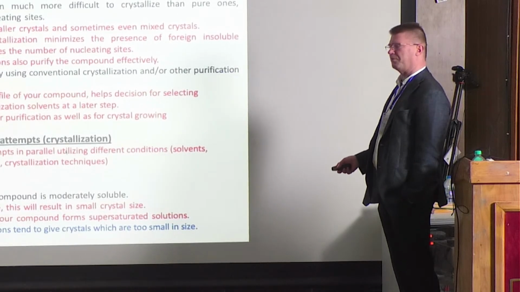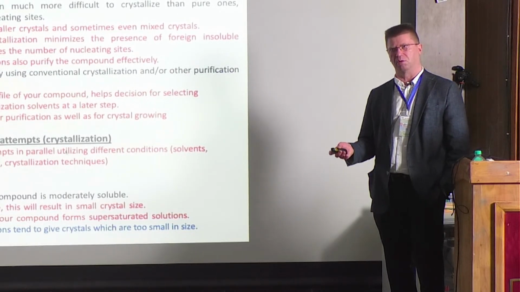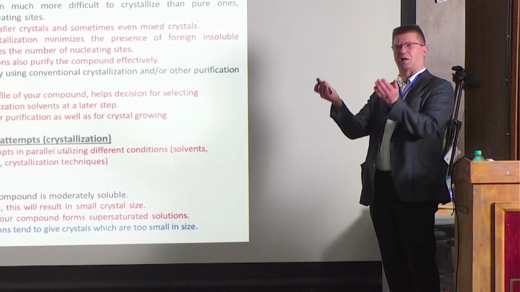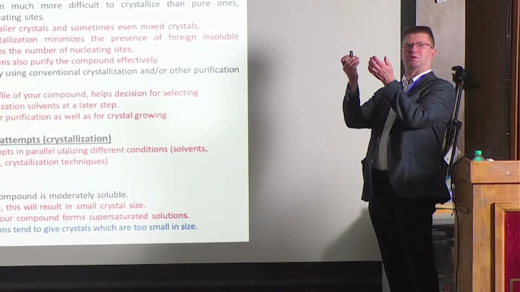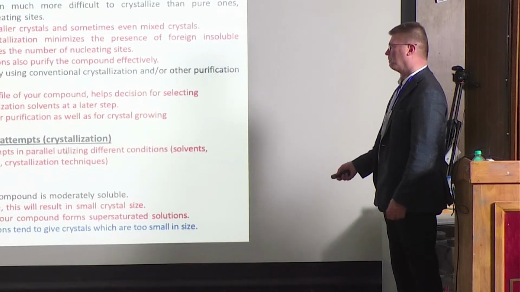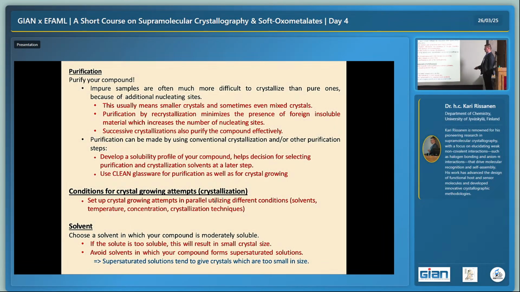And the point is, if our target molecule is too soluble, nothing happens. It will make a glass. So all the solvent evaporates and then nothing is there. The idea is that either there is nothing or it's very tiny crystals. And then the point: avoid the solvents which make a supersaturated solution.